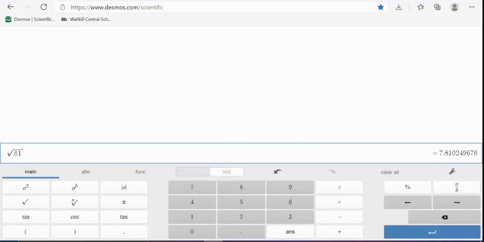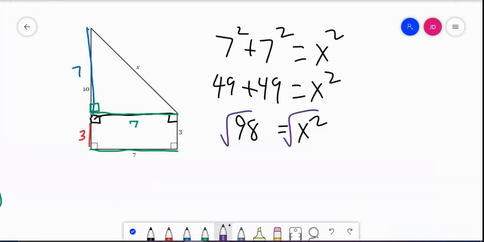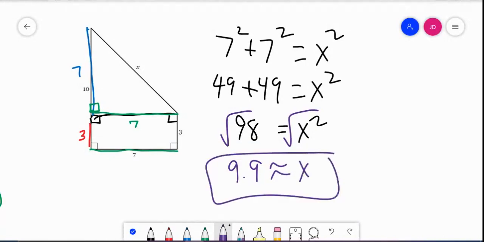And my answer is about 9.9. So this is the square root of 98, which is about 9.9.